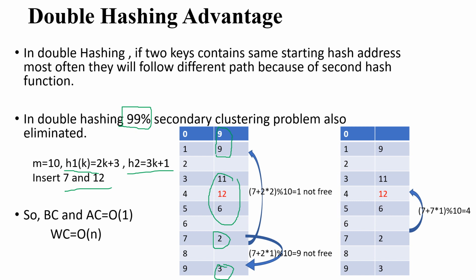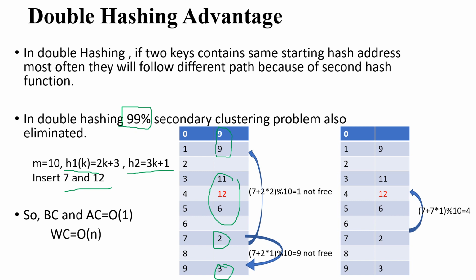Calculate the next index: the index calculated using the first hash function plus the value of the second hash function of the key.